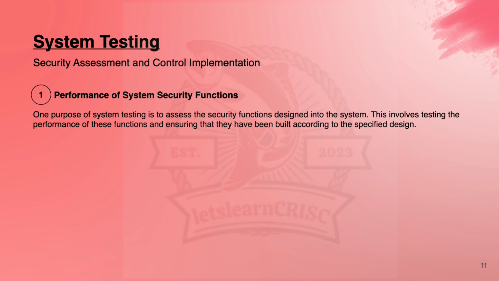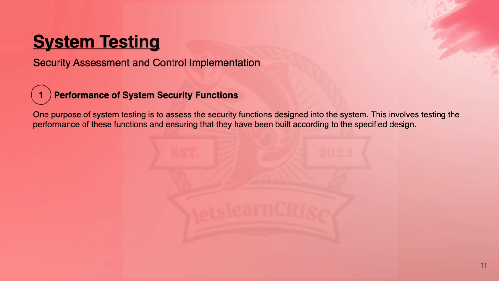Next, one purpose of system testing is to assess the security functions designed into the system. This involves testing the performance. Friends, system testing involves evaluating the performance of security functions to ensure that they operate efficiently under various conditions and loads.